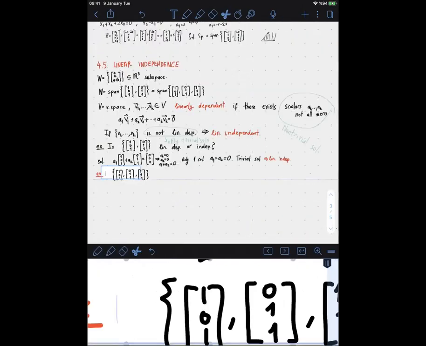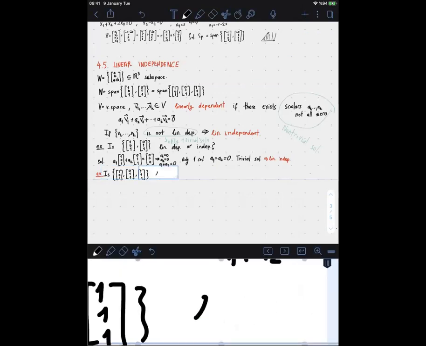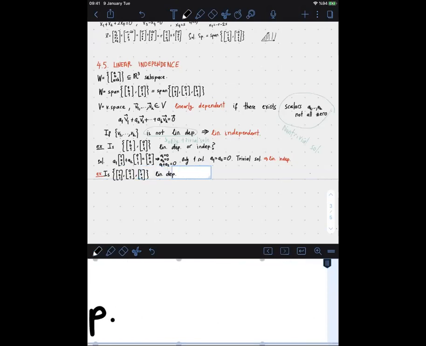So the question is, is the set linearly dependent or independent? Okay, so again, let's look at the solution.